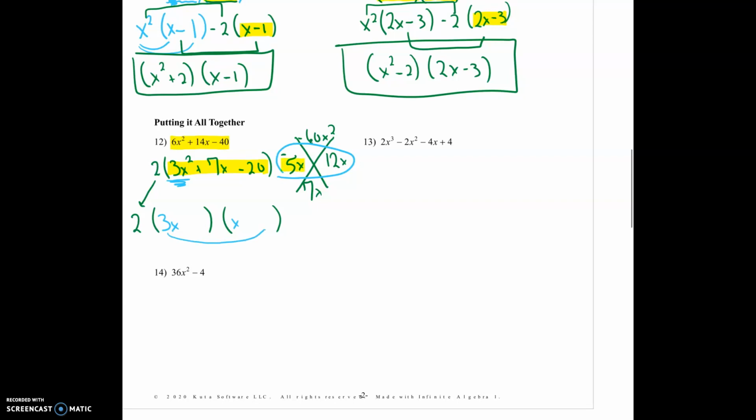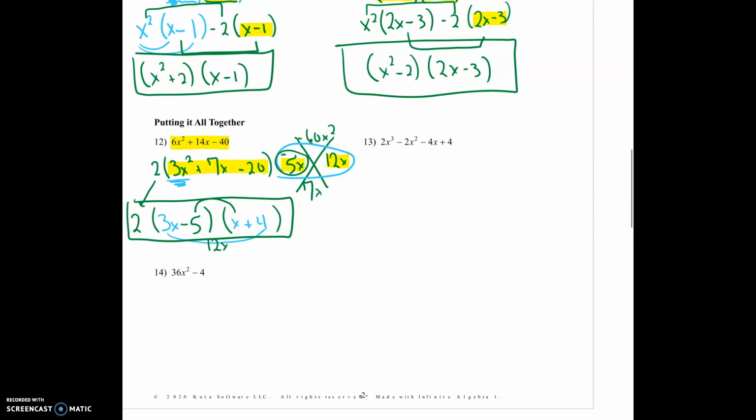There's not, but there is 3x times a positive 4 to get me that 12x. And then that means I'm going to have to use x times a negative 5 to get me this other term. And now we actually have 3 factors, a 2, the 3x minus 5, and the x plus 4.